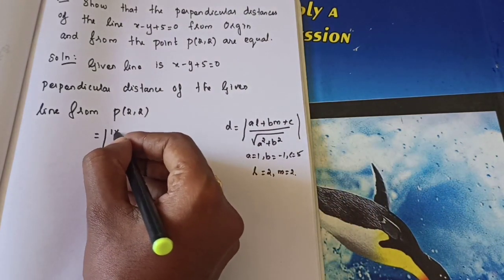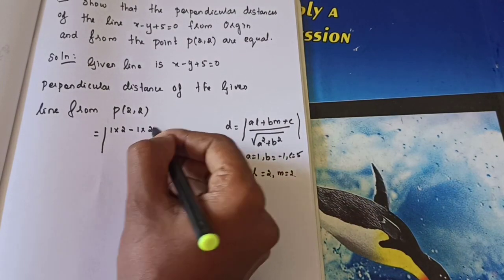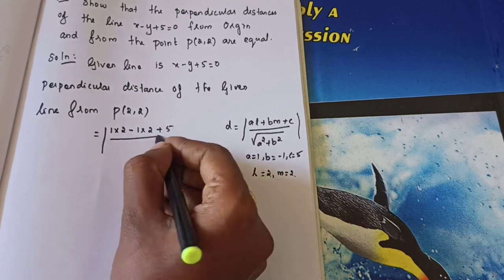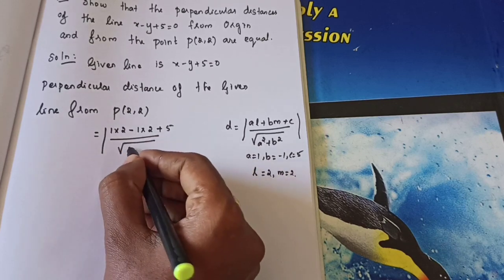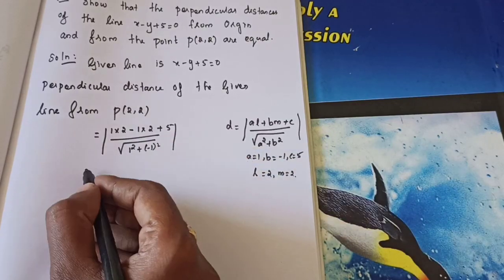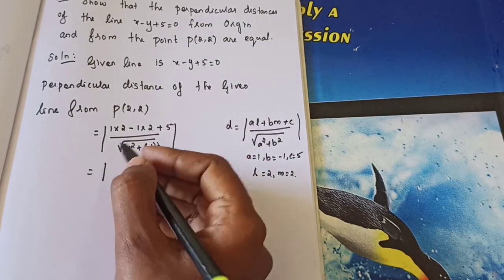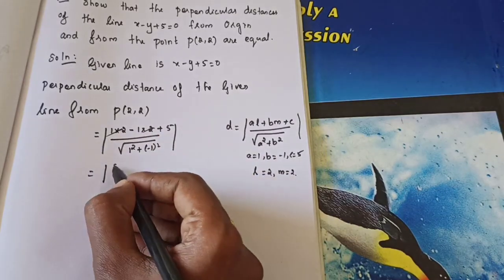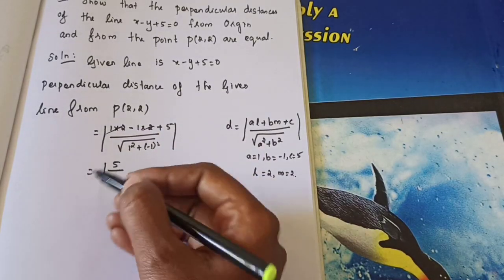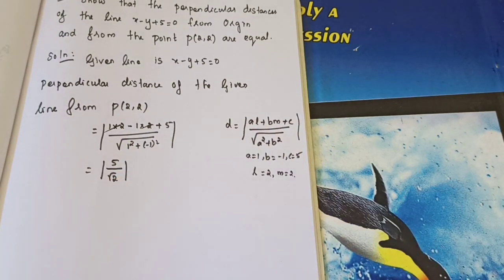So 1 into 2 minus 1 into 2 plus 5 divided by square root of 1 square plus minus 1 the whole square, is equal to modulus of 2 minus 2, it will get cancelled. So 5 divided by square root of 2. So this is the first answer.